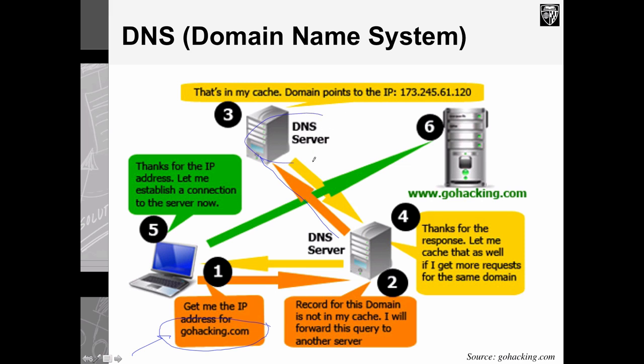This DNS server might be responsible for answering all the questions regarding gohacking.com. So in that case, the DNS server returns the IP address of www.gohacking.com. Your local DNS server then caches that information and sends it back to you. Only then is your browser able to establish that connection to gohacking.com.